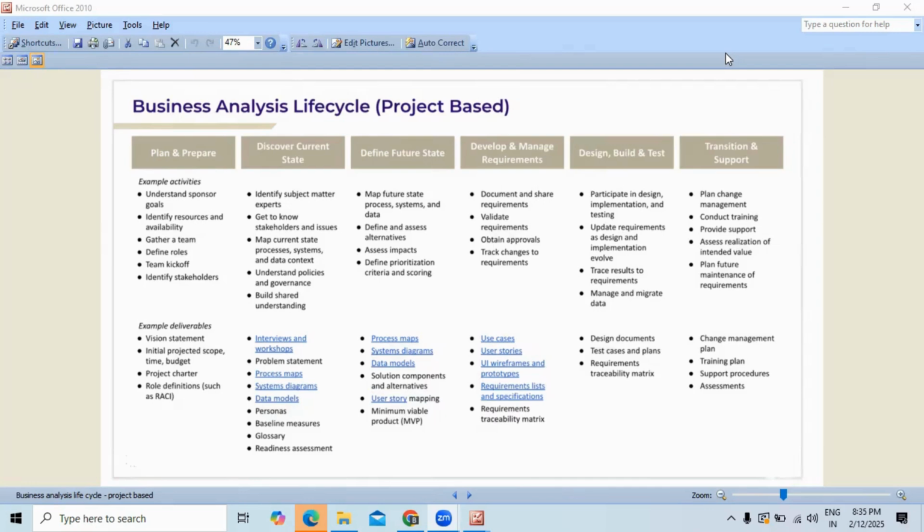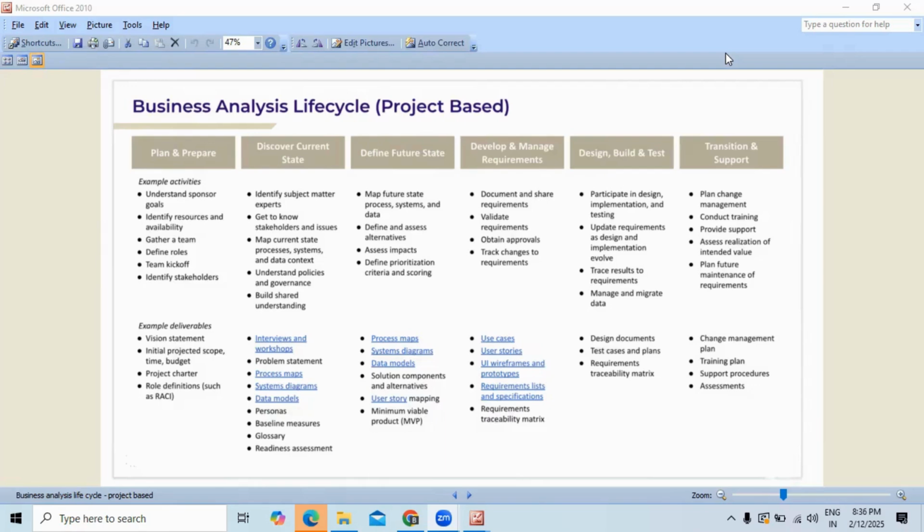RPA is one of the products, for example UiPath. UiPath is a product by itself, which we have to configure according to the requirements we have. It can be automation, or anything else.